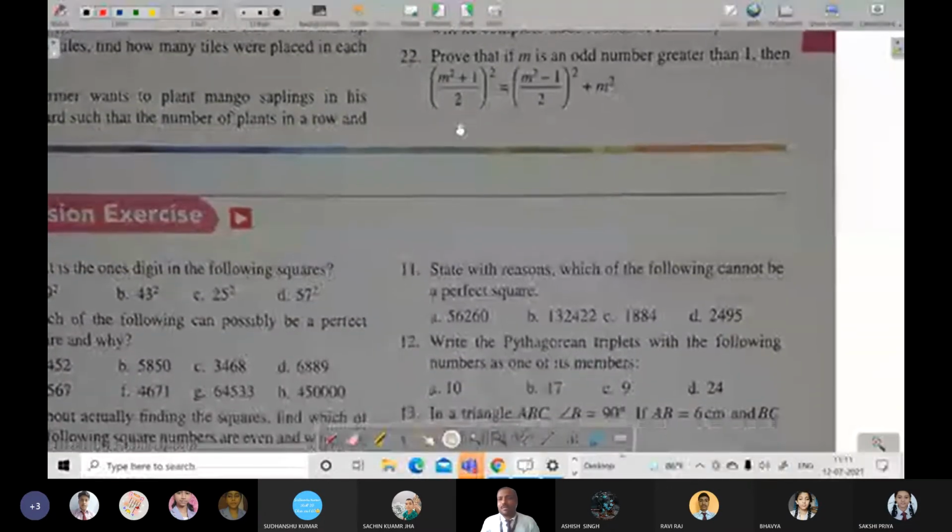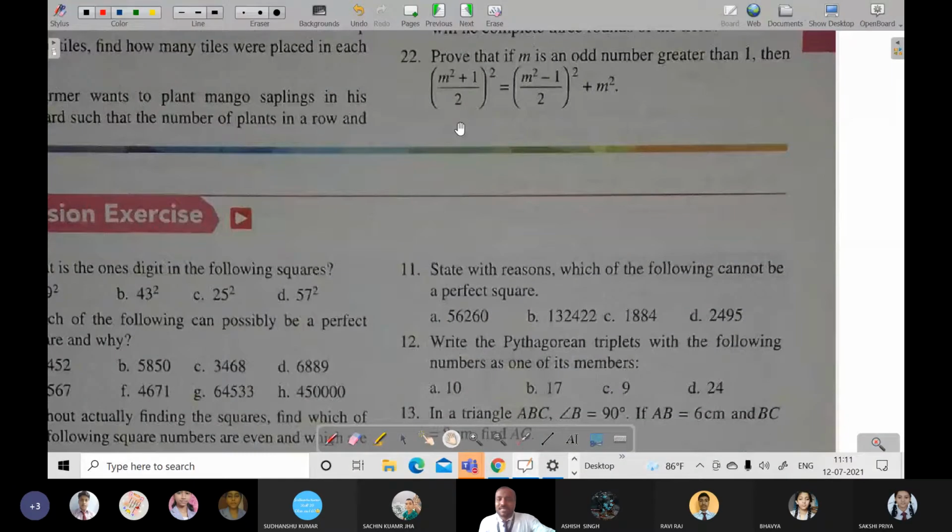Prove that if m is an odd number greater than 1, then (m square plus 1 by 2) whole square is equal to (m square minus 1 by 2) whole square plus m square. You have to prove this. Do you know how to prove?